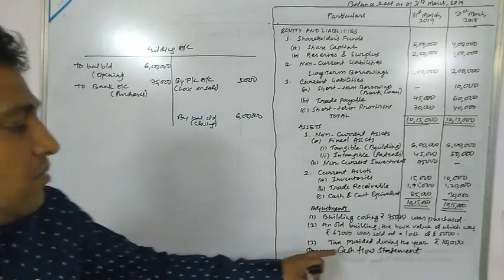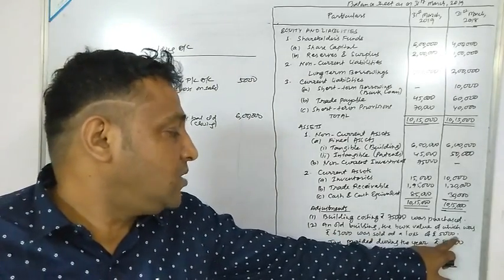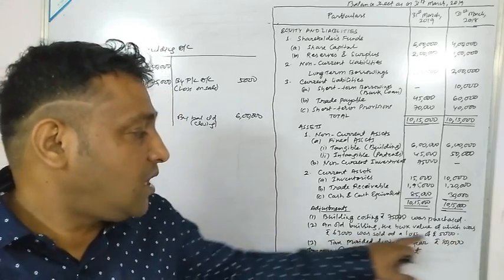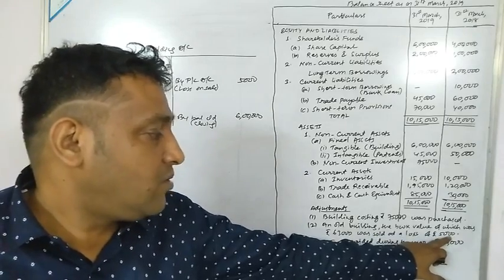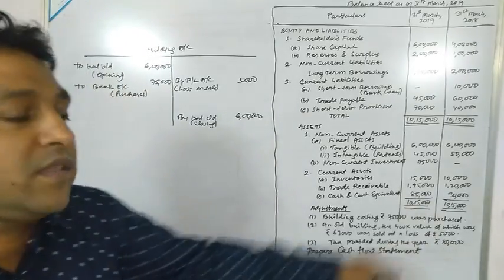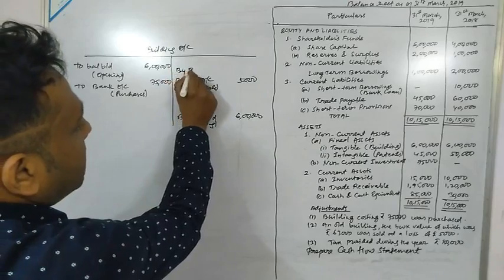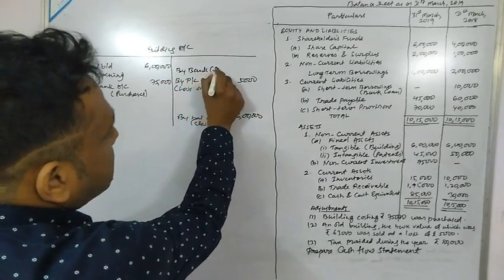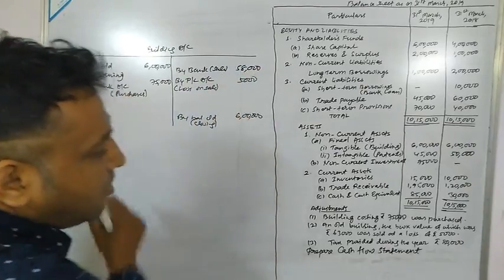Now you see, the building's book value was 63,000 and it was sold at a loss of 5,000. So how much was the sale figure? 63,000 minus 5,000, that would be 58,000. It was sold for 58,000, so that may be considered as by bank, sale, 58,000.